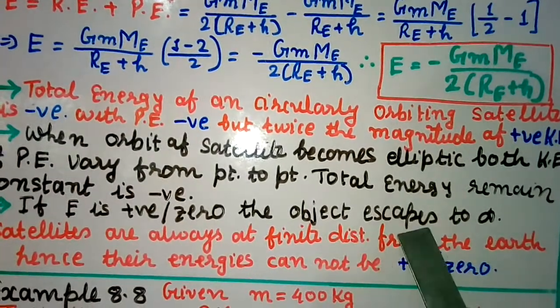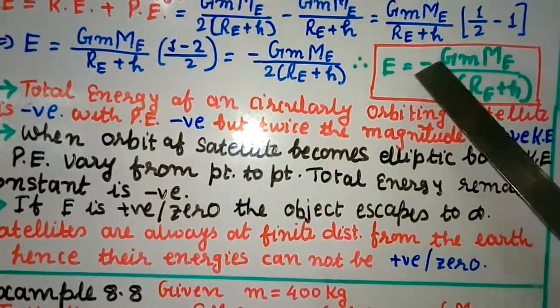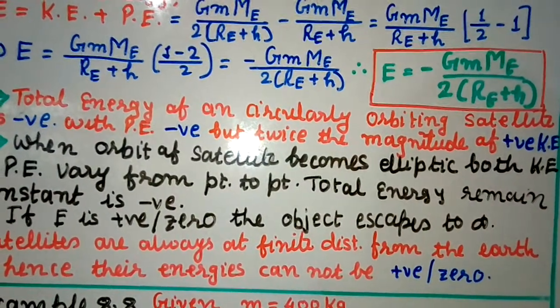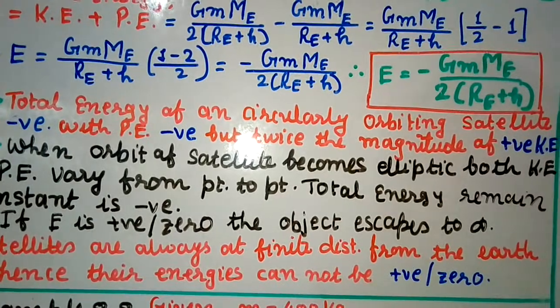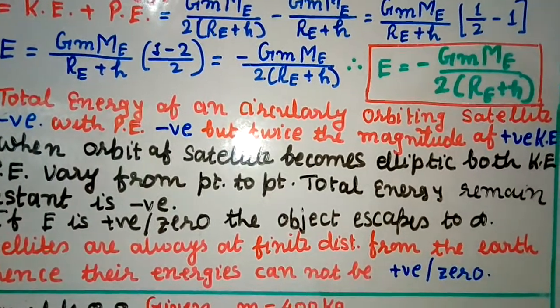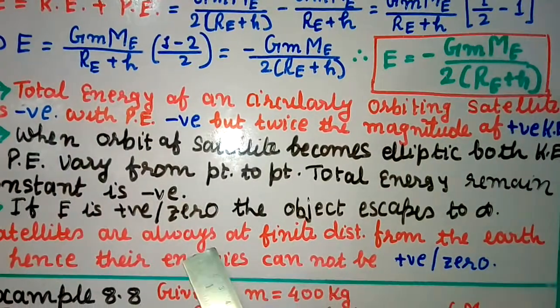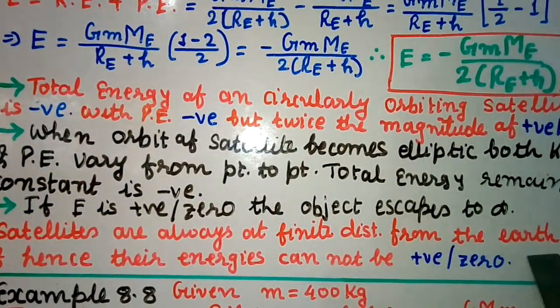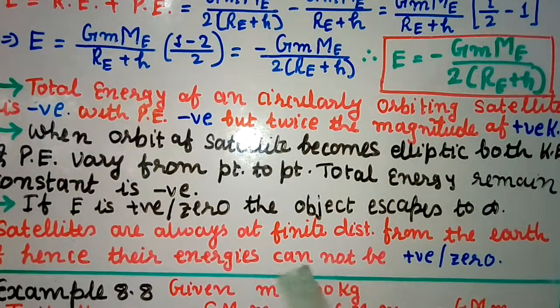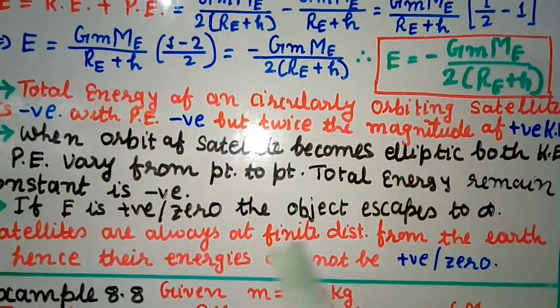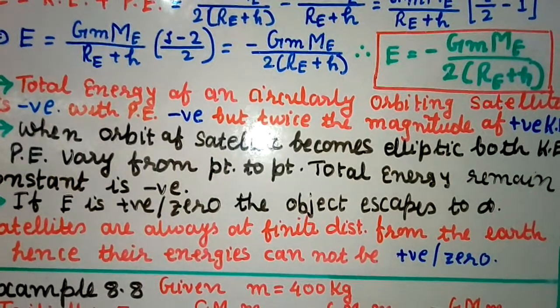The object escapes to infinity. So if this energy is positive or it is 0, then the satellite or the object will escape to infinity. It will not remain bound to the earth. It will go to infinity. Satellites are always at a finite distance from the earth, not infinite, right?